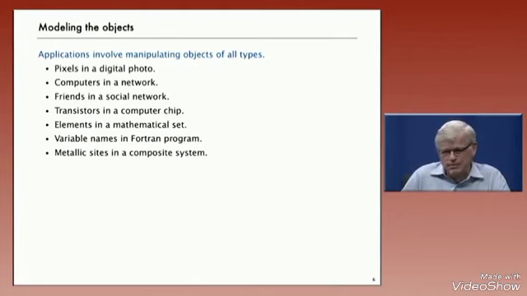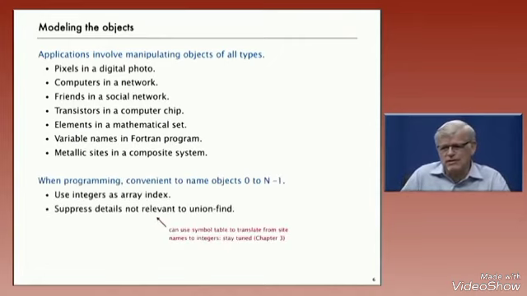Social networks where it's people, or computer chips where it's circuit elements, or abstract things like variable names in a program, or elements in a mathematical set, or physical things like metallic sites in a composite system. So all different types of objects. But for programming, we're going to associate each object with a name, and we'll just name the objects with the integers from 0 to n minus 1.